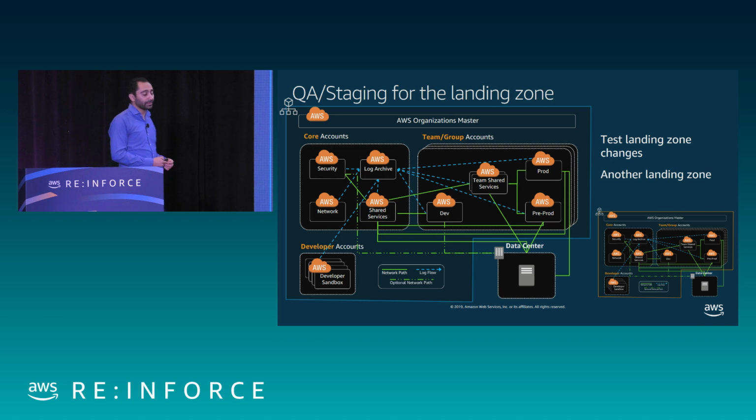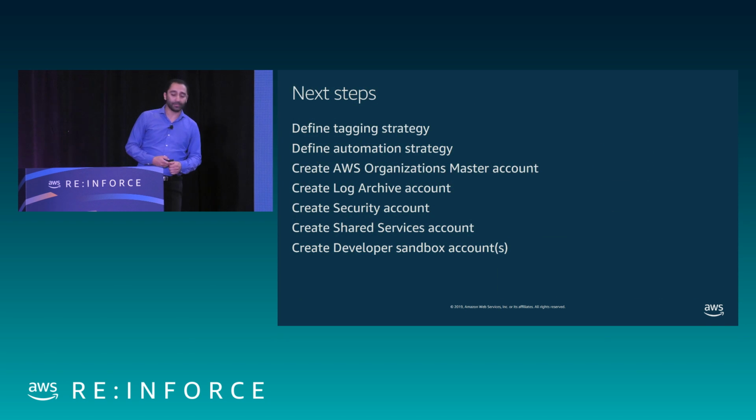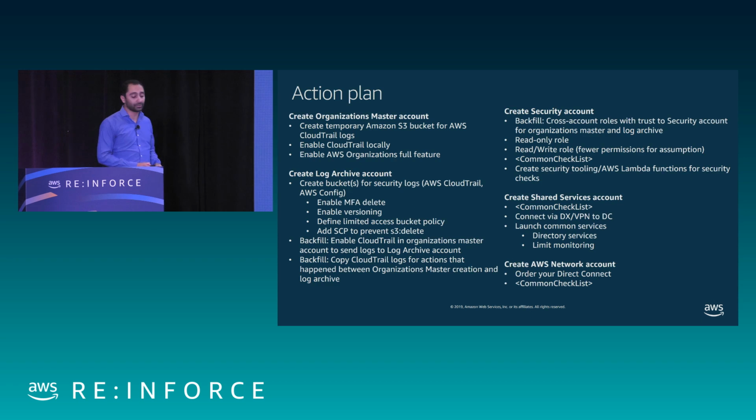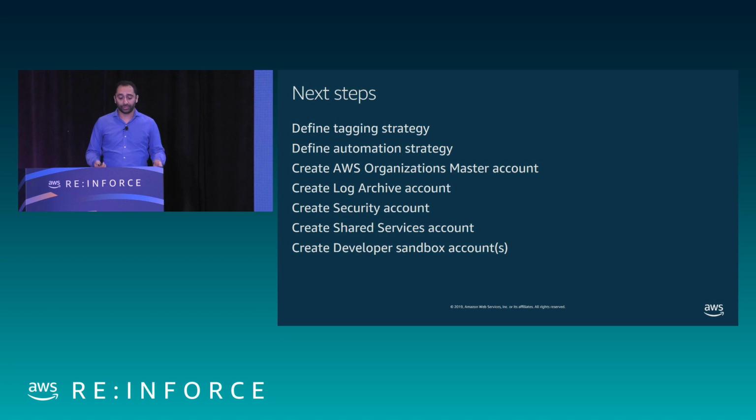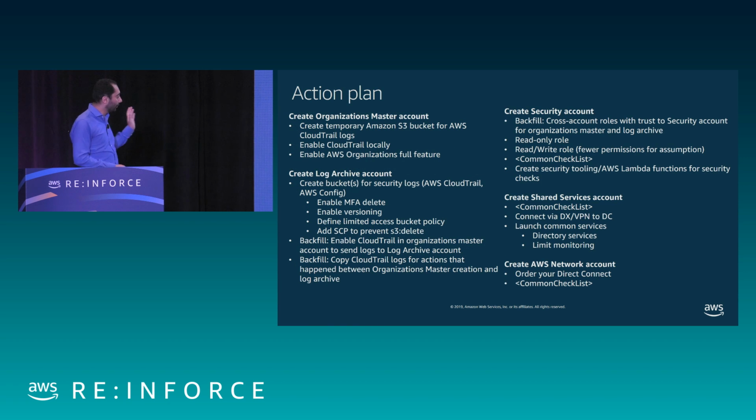So if I were to go do this, and if we're going to build something around it, I start by defining a tagging strategy, my automation strategy, create my bunch of accounts, and get started. And there's a whole bunch of lists of things. And this is by no means an exhaustive list. Things to start thinking about if I'm establishing this environment. What do I do for each one of those accounts?